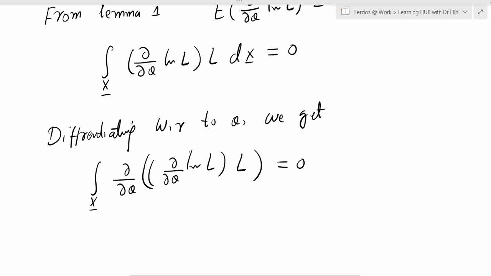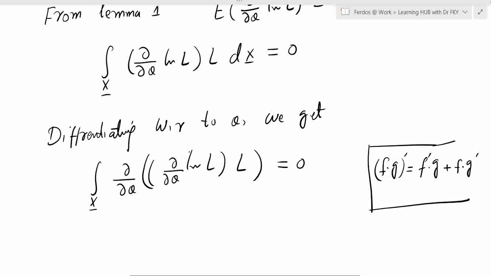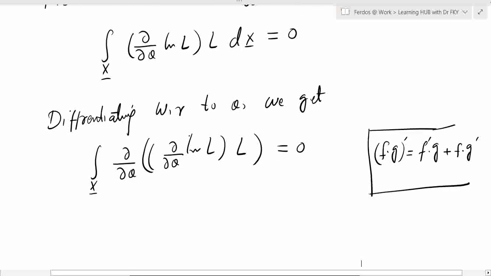Now we need to use the product rule of differentiation, that is f times g. There are two functions f and g, and we need to differentiate this. This means differentiate f, keeping g as it is, plus f as it is and differentiate g. This is a rule from calculus.